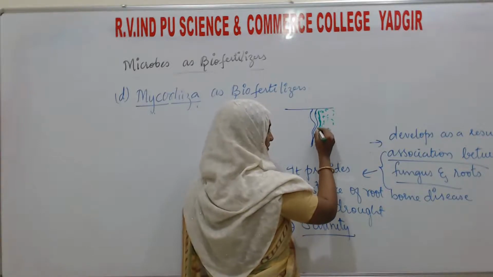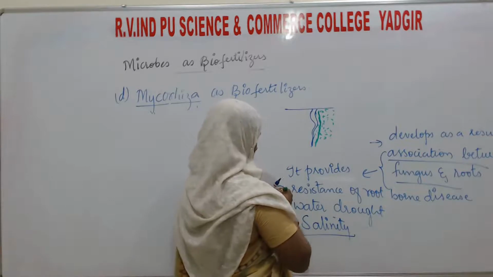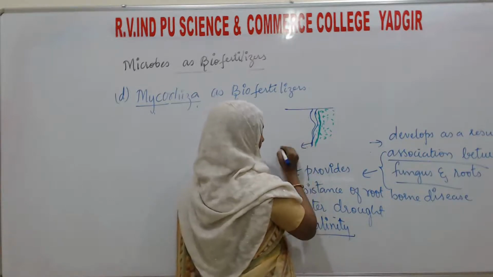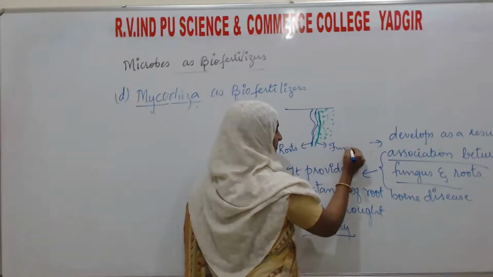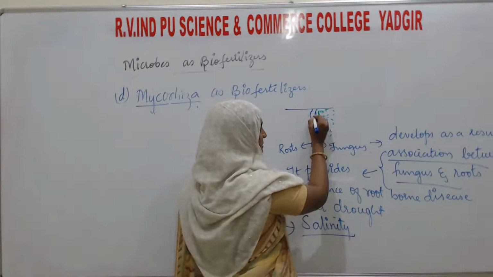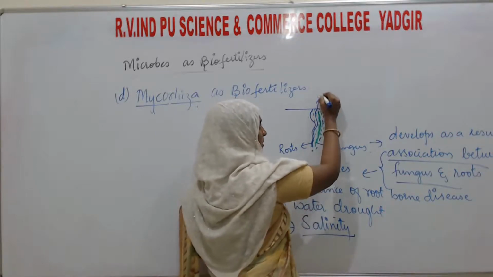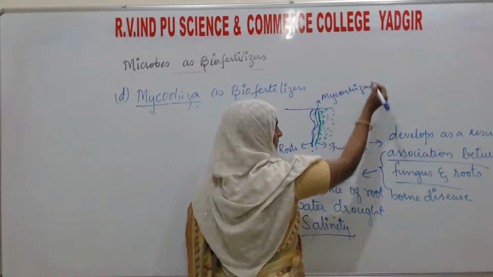This root and fungus form a particular structure, which we call mycorrhizae.